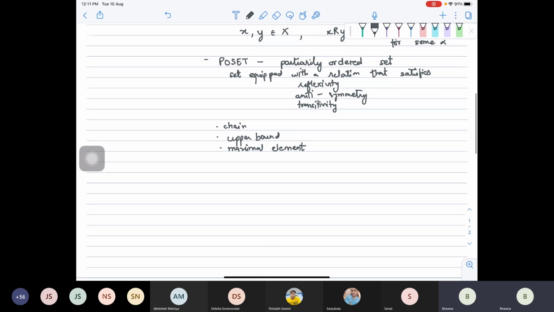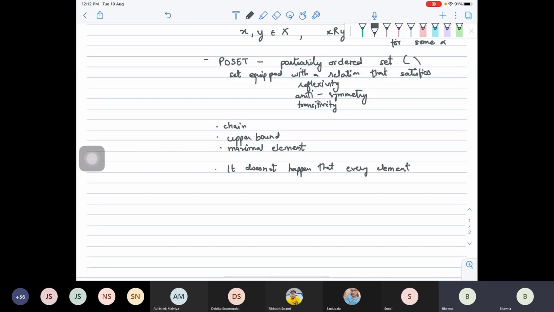So in a poset, it does not happen that every element is comparable to each other. Comparable means that either x is less than or equal to y or y is less than or equal to x.